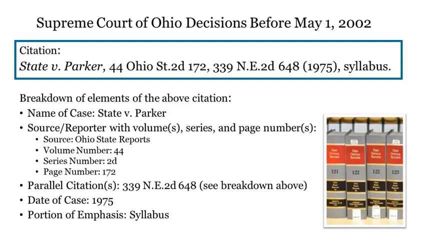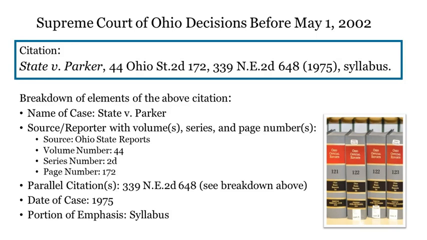And then on the first couple slides, I've broken down all the elements of the above citation. So again, the name of the case, which should be in italics, is State v. Parker. The source or reporter with volume, series, and page number. So the source, Ohio State Reports. The volume number, 44.